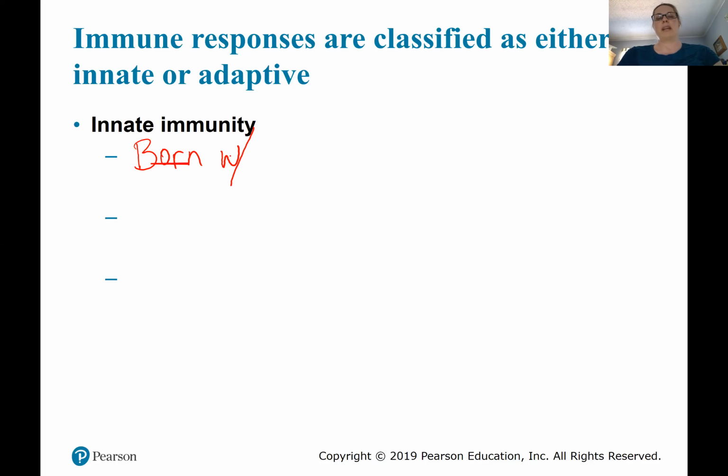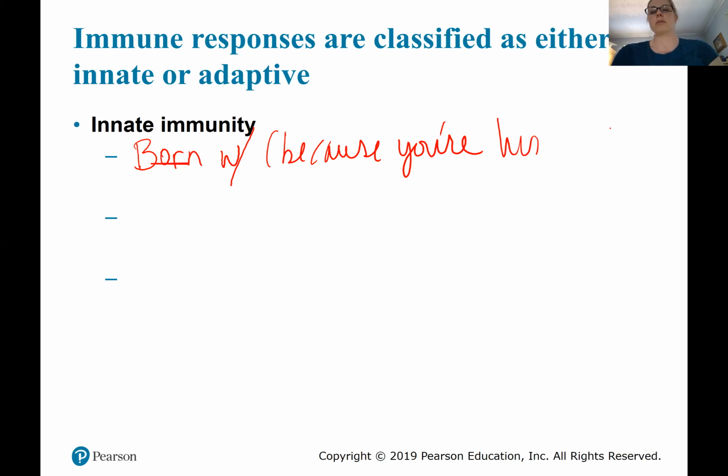So innate immunity is something that you're born with, and also something that you have because you're human. So you have skin because you're a human. You're born with it. Skin is an example of one of the components of innate immunity.